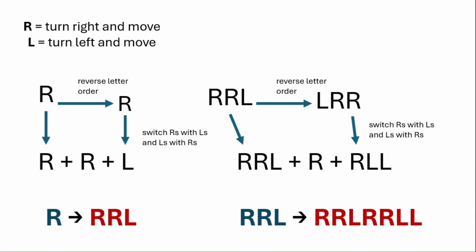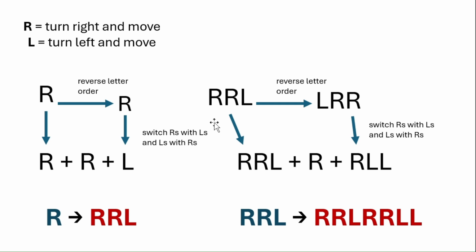The rules for how to increase the length of the turtle are also fairly simple. If we start with the letter R, we put the initial turtle to the left, we add an extra R, and at the end, we add the turtle reversed with the R's converted to L's and the L's converted to R's. So R becomes RRL.